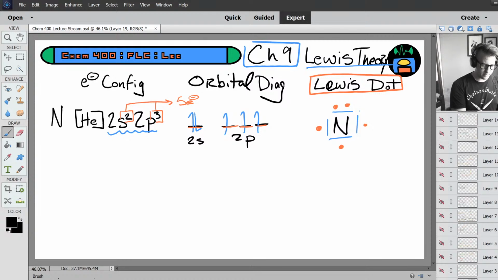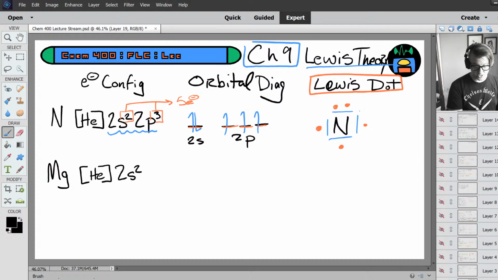If we wanted to compare, for example, magnesium, the noble gas abbreviation for magnesium, again, would be helium, and then it's just simply 2s2.